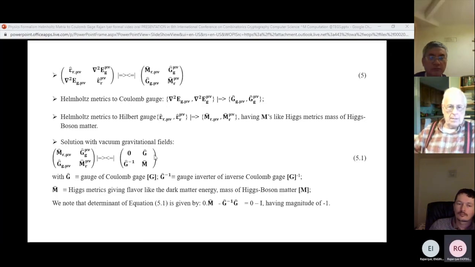Okay, so for the vacuum gravitational fields, I can say the mass gauge here goes to zero, and there is one mass that's remaining, and it's very important. Again, I need more discussion of why this mass is described, but it describes why the vacuum is not empty. It will automatically describe that.